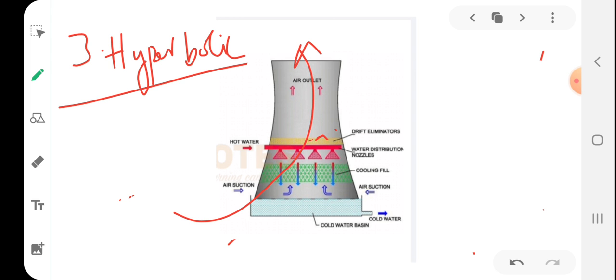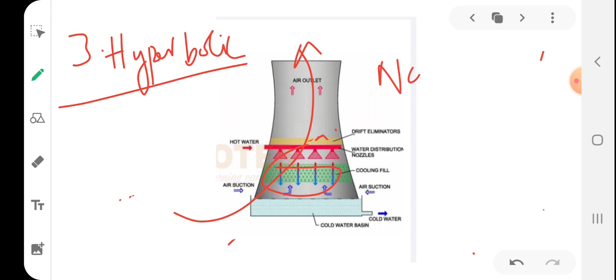Some fill material is placed in the lower portion of the tower. Water will be sprayed over this fill material, and the water is cooled by this natural draft.